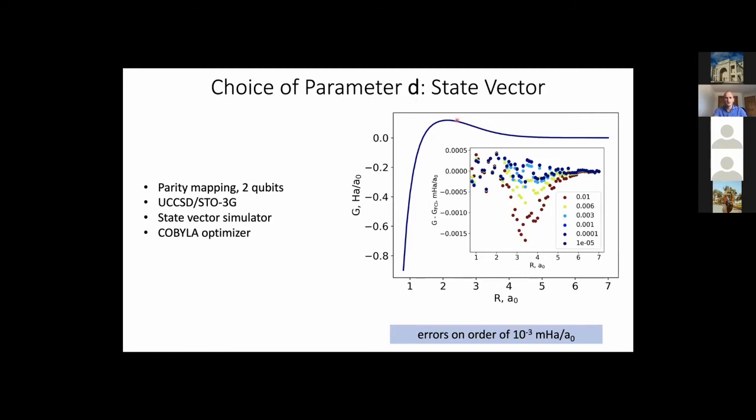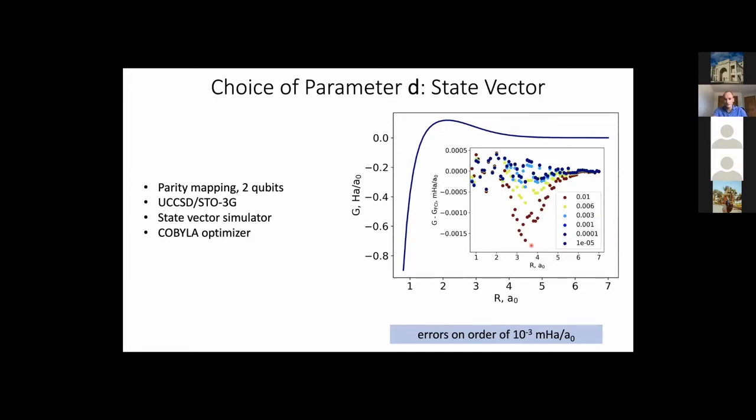So here is the gradient curve, and this inset is the error of the gradient using the state vector simulator. So there's no stochastic noise. This is computed for different values of d.